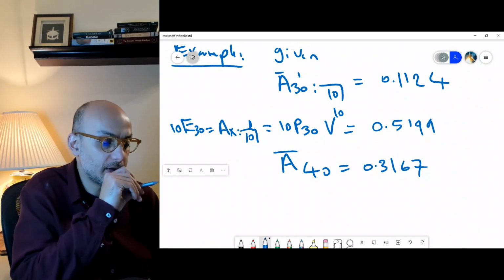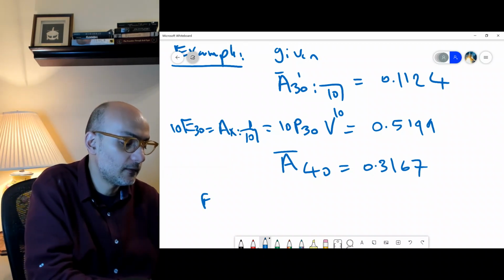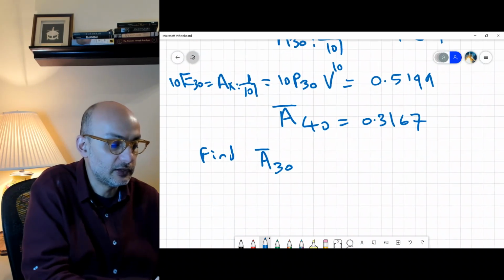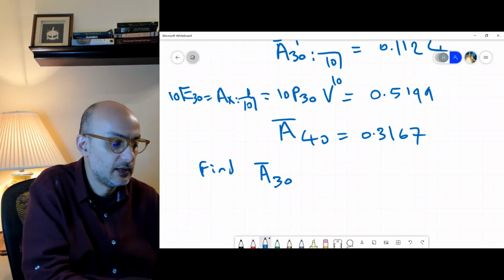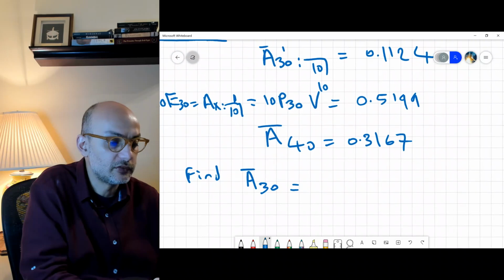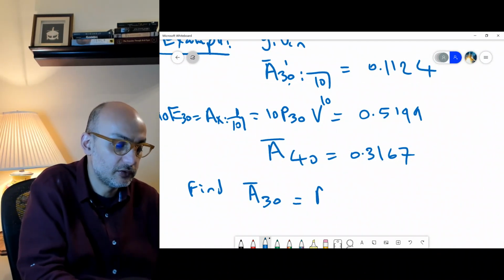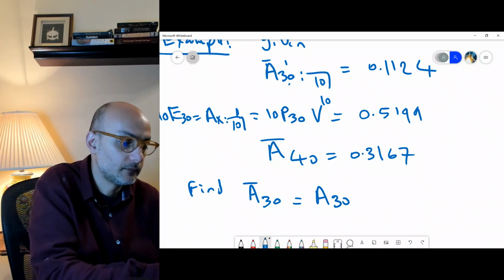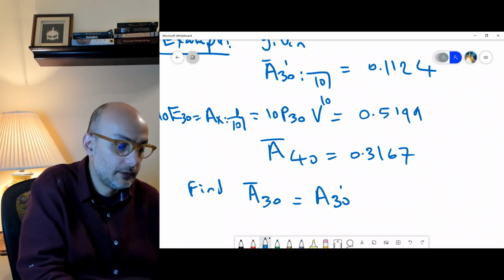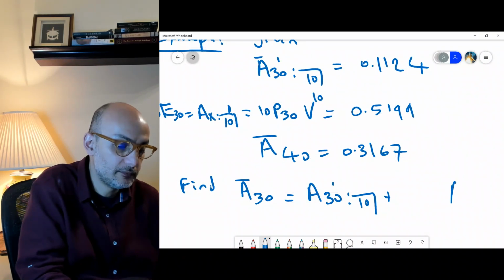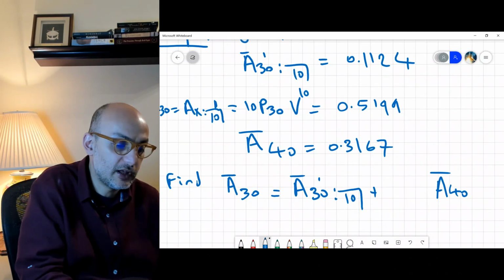So now the question is to find the insurance value for a life at age 30, given this information. So simple, right? Because now this one is at the same year, so A30 is 0.1124. Now we have A40, but this one we need to discount back.